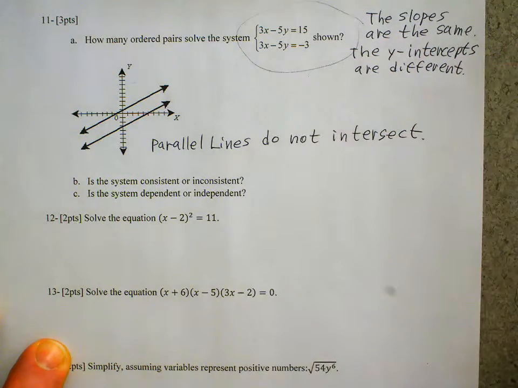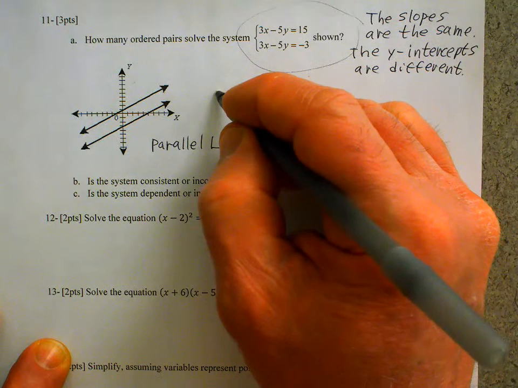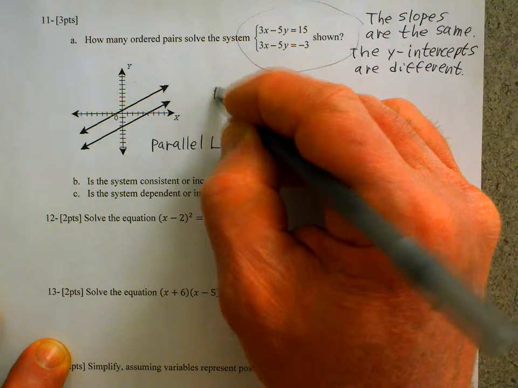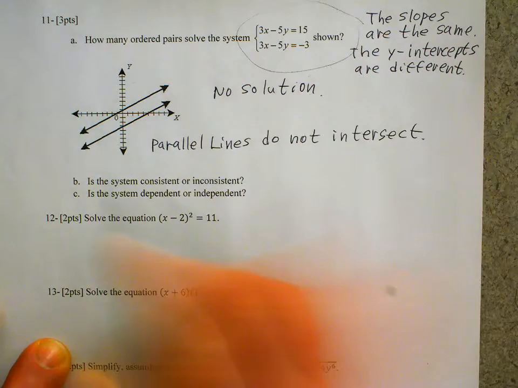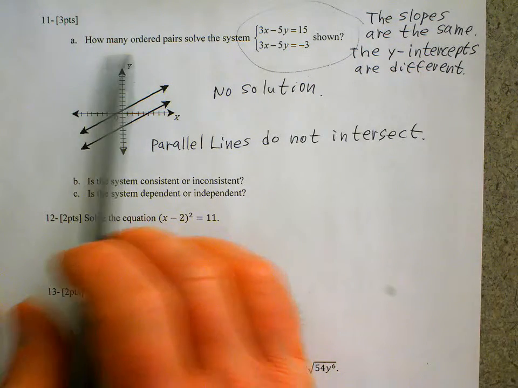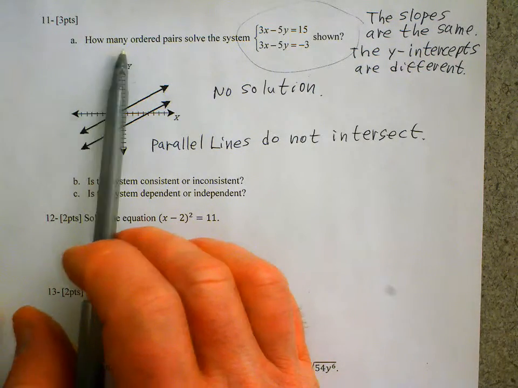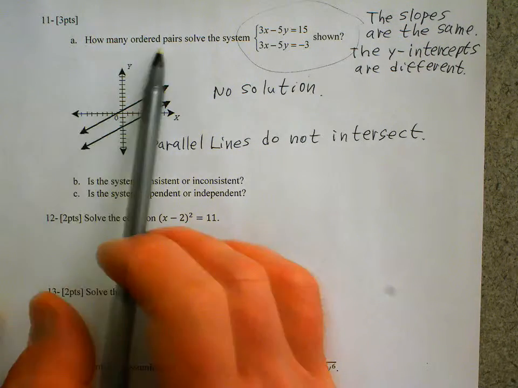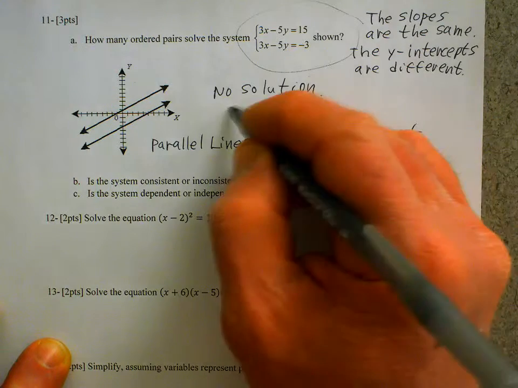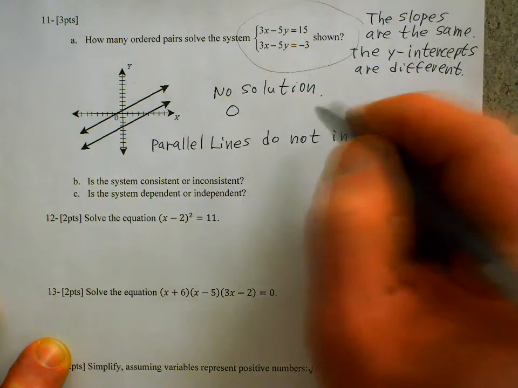Okay, so no solution. If you're typing in an answer in Newton, they will probably want you to type in 0. How many ordered pairs solve the system? 0 solutions.